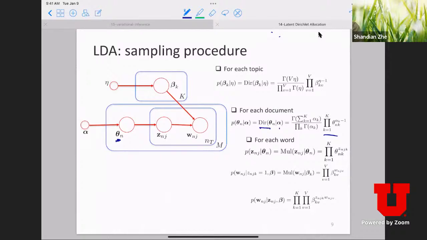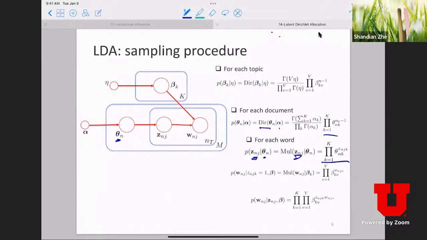And then you sample the topic index for the j-th word in document n, here denoted by z_nj. It is from a categorical distribution or multinomial distribution. It is actually this way, right? So theta_nk, the k-th element of this probability vector, to the power of z_njk. Remember, z_nj is one-hot encoded, and only one element is 1, indicating the selected or sampled topic, all the others 0.